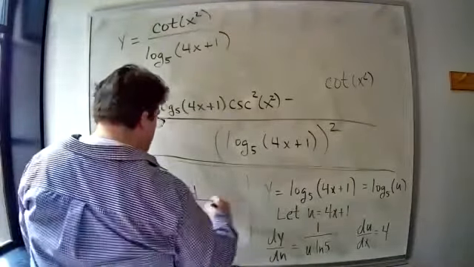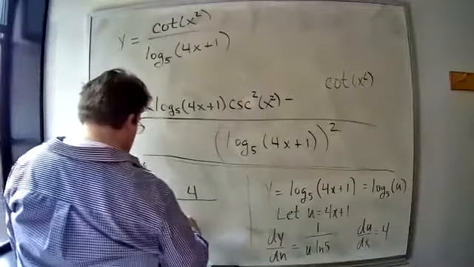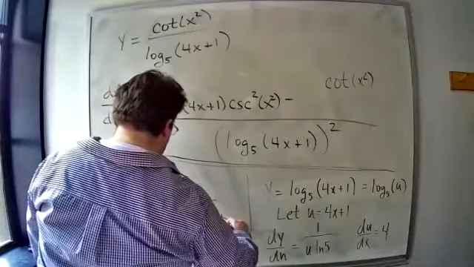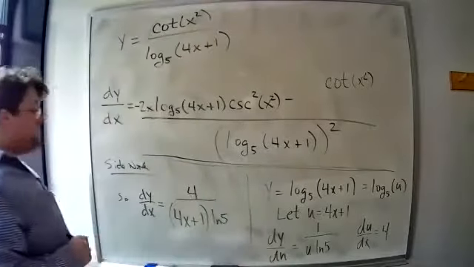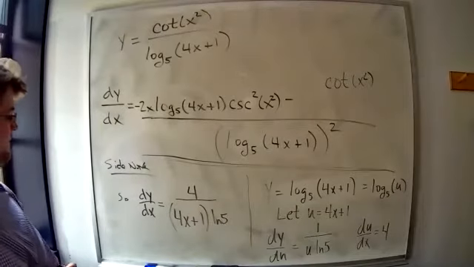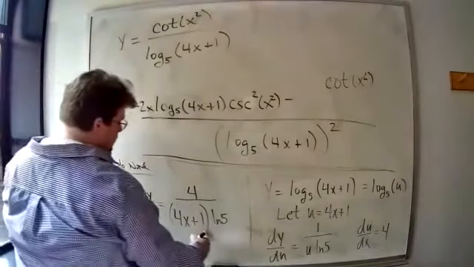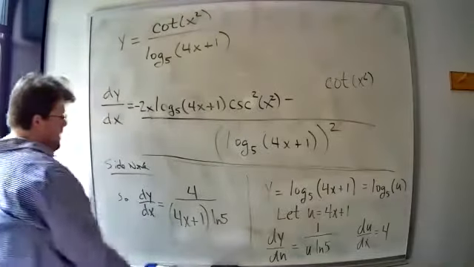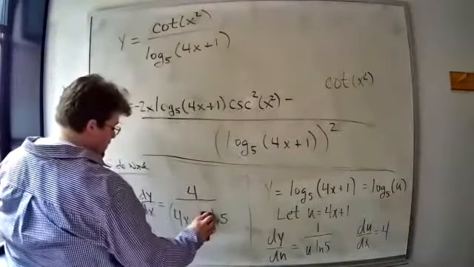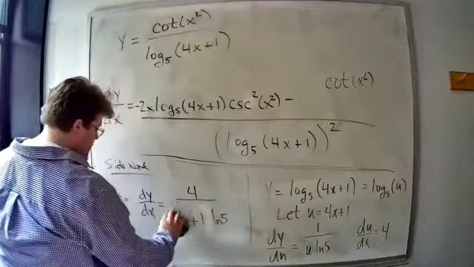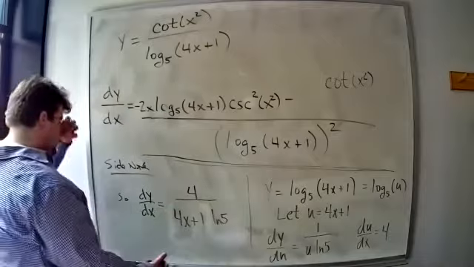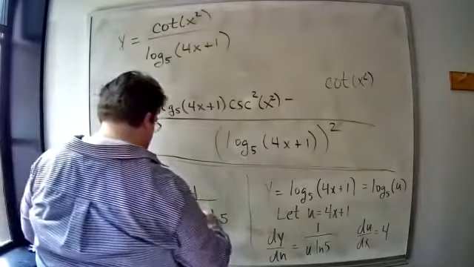We have 4 over u times the natural log of 5. And notice we're multiplying all of u by the natural log of 5. In other words, this right here is incorrect. You need to multiply all of u by natural log of 5.